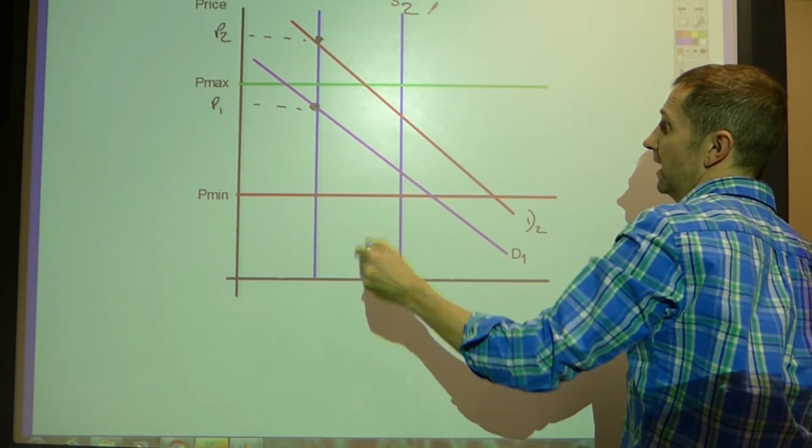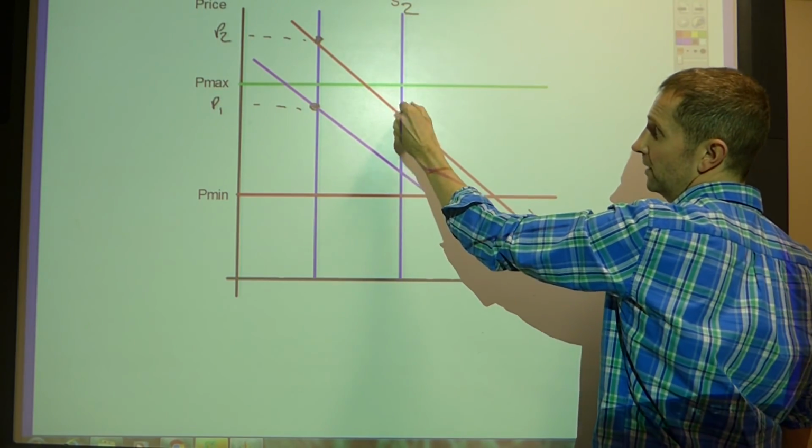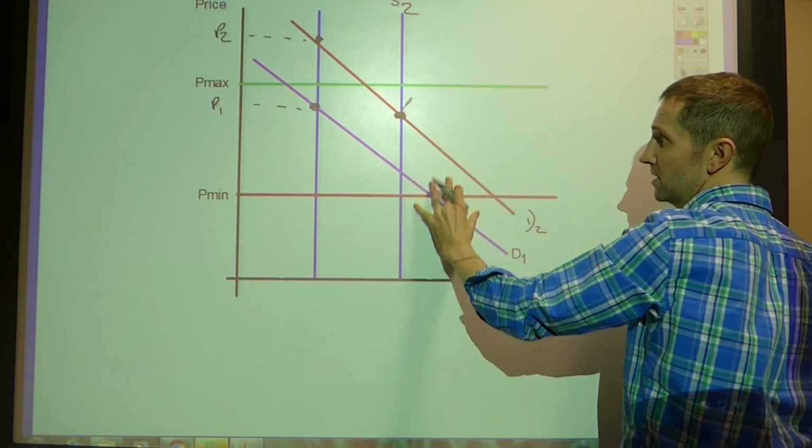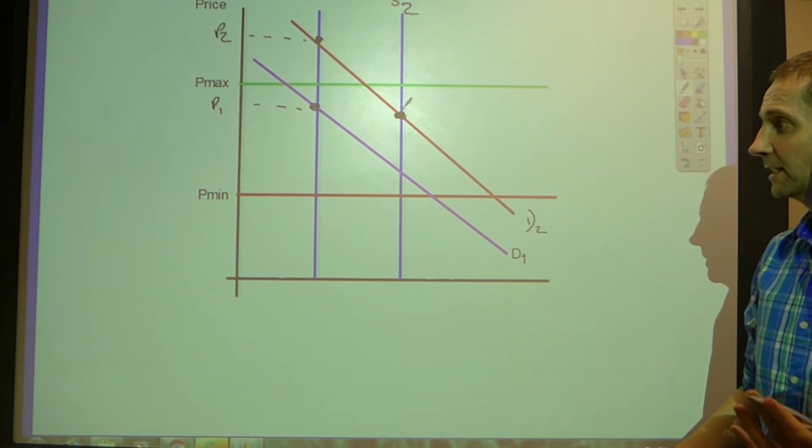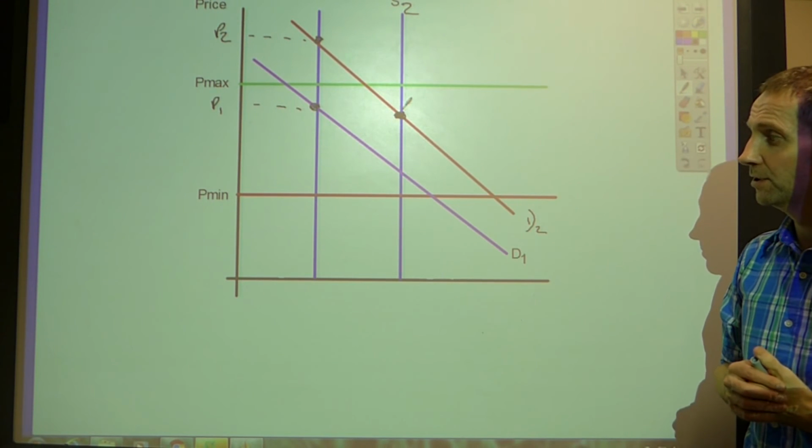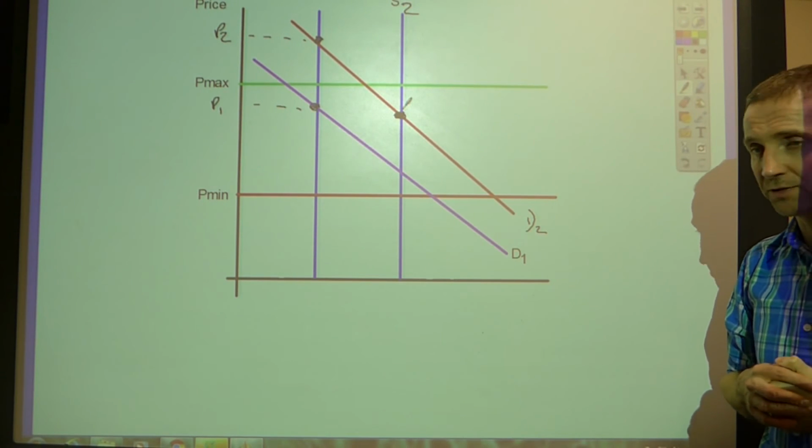So releasing into S2, then we restore the equilibrium price back down within these acceptable limits. And again, that's another way of interpreting this buffer stock scheme.